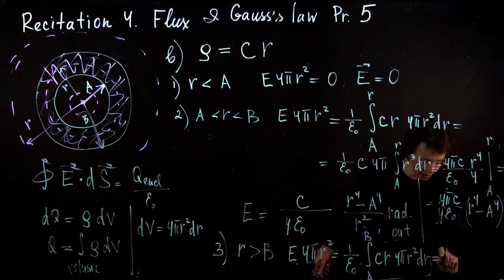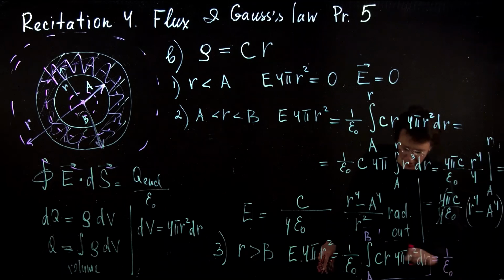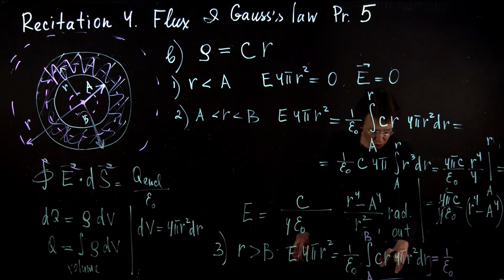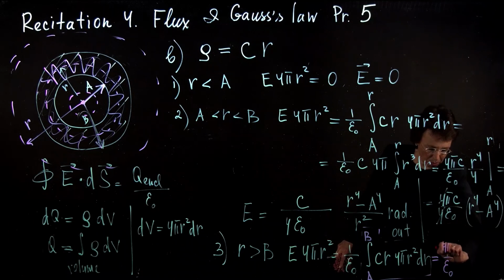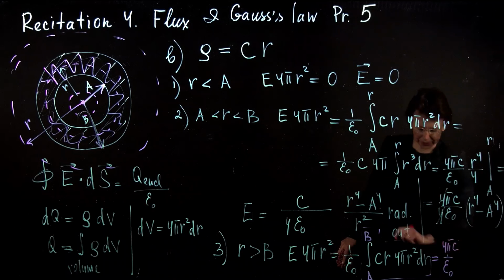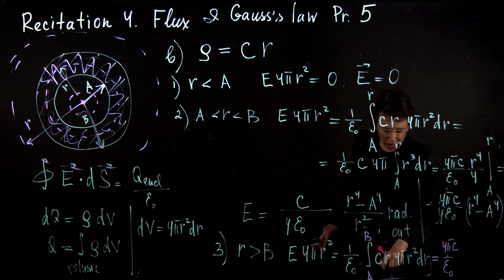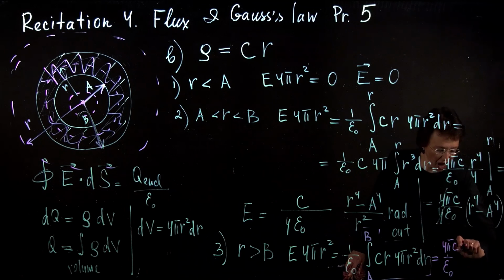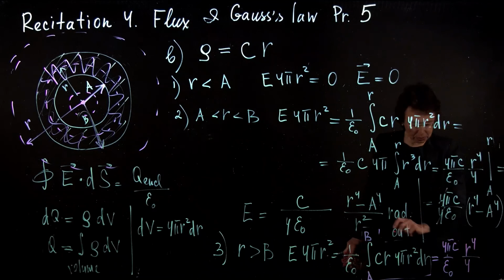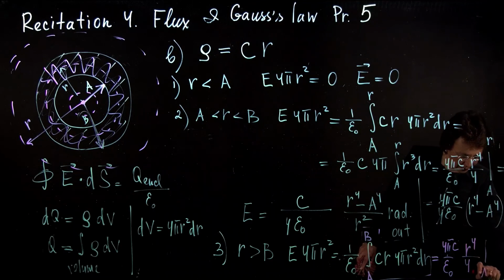So I have 1 over epsilon naught, then I have 4 pi C, and r squared times r gives me r cubed dr. When I take this integral, it will be r to the 4th over 4, and the limits are from A to B.